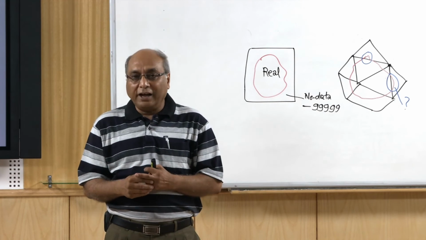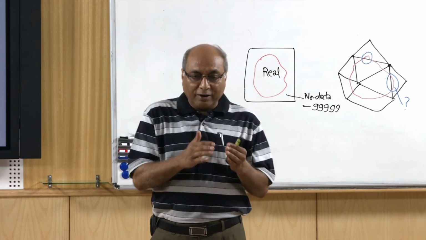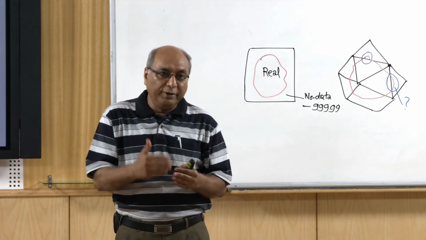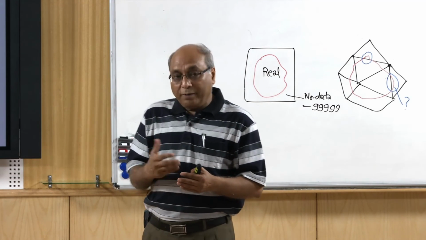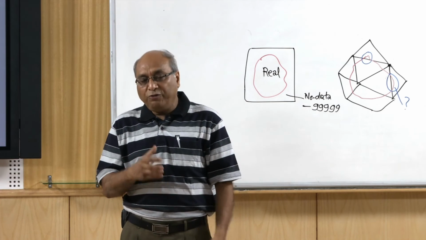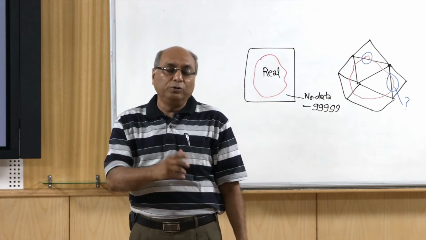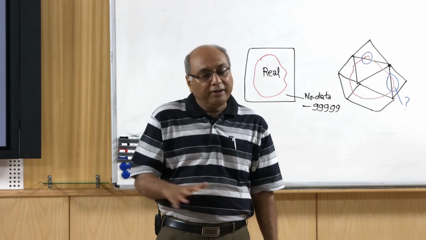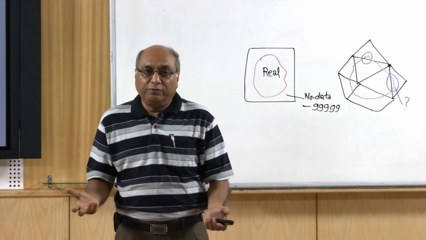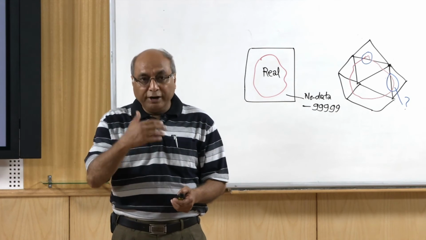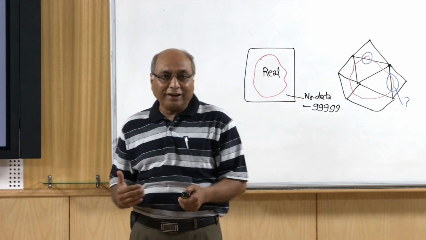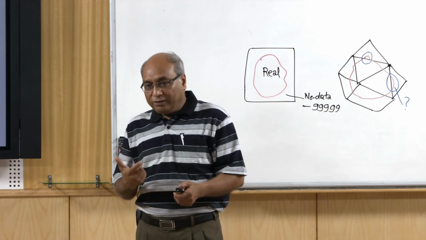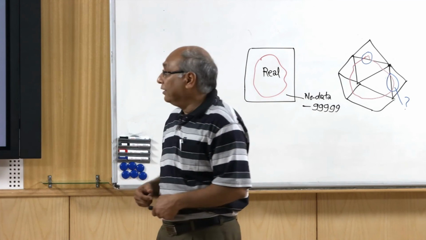Now the question is, if ultimately I have to convert the TIN to raster, then why would I make the TIN in between? That depends on your project requirements. If your project requires only up to the TIN and you can deliver the things derived using the TIN, it's fine. But if you want to use that TIN further along with raster data, then you have to convert it into raster. So this is another limitation with the TIN.